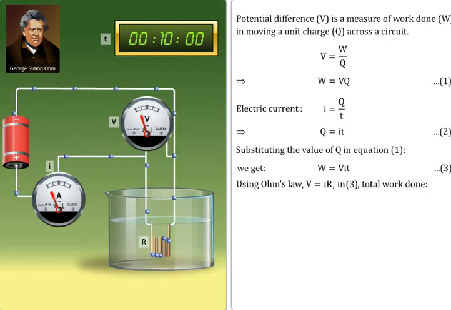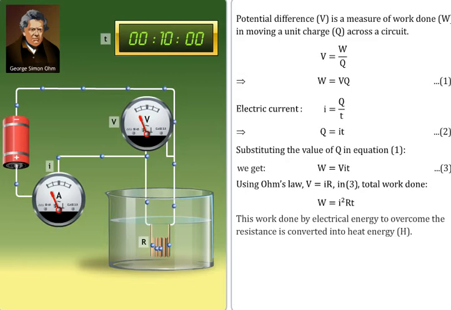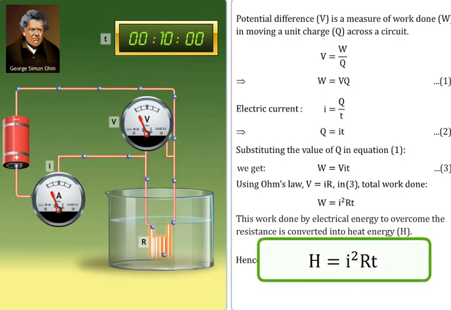The total work done by electric current, W, is equal to I²RT. This work done by electric current to overcome the resistance of a conductor is converted into heat energy, which is represented by H. Hence, H = I²RT.